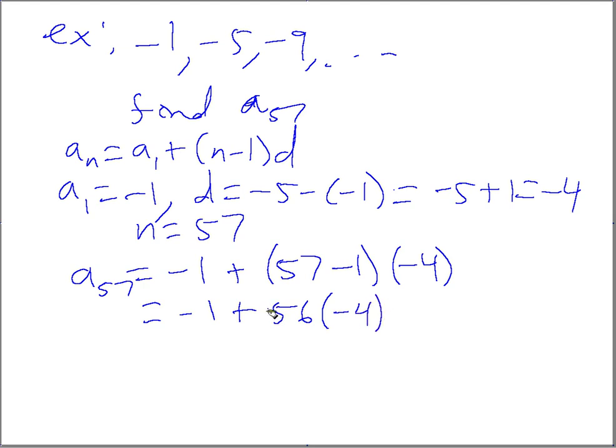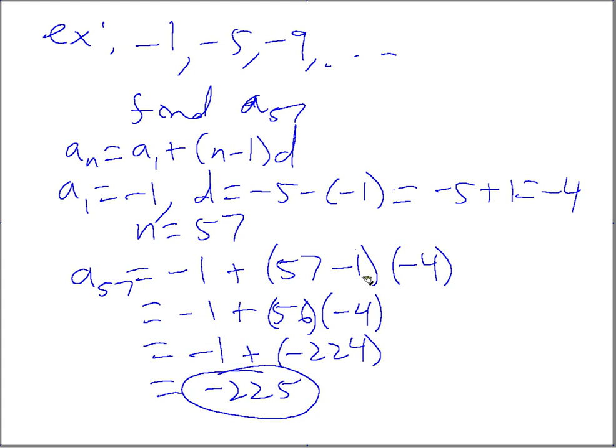No big deal there. So that's going to give me -1 plus what? What's 56 times -4? That's going to be -224. All right, so therefore the 57th term is going to be what? -225. So again, pretty easy to find a certain term in a sequence if it's an arithmetic sequence because of this formula here.